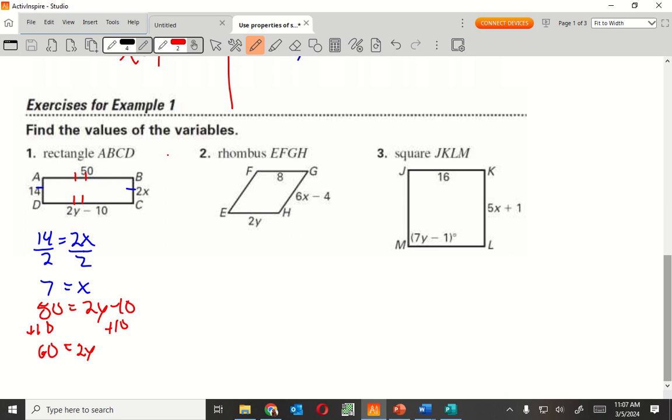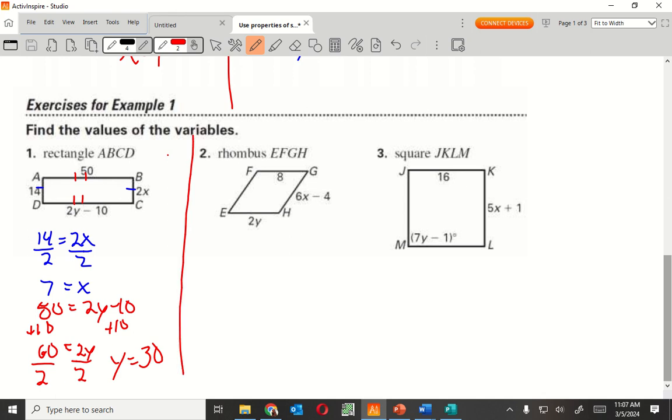To undo a multiplication, the opposite is going to be division. So I need to divide both sides by 2. Very good. So divide everything by 2, and I get y is 30. There we go.